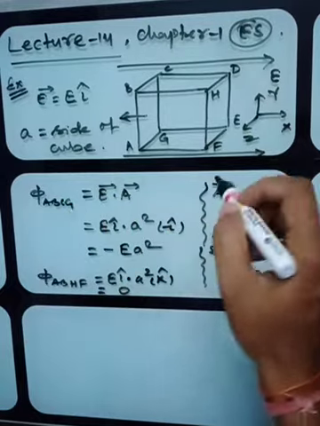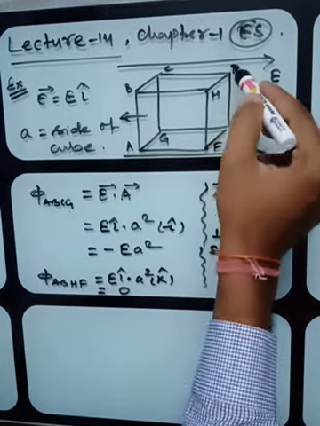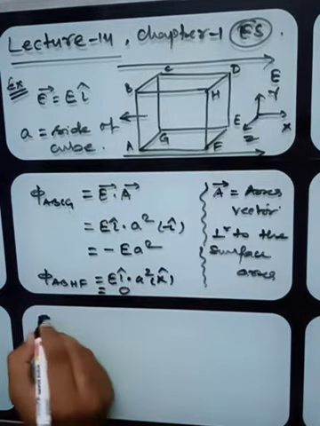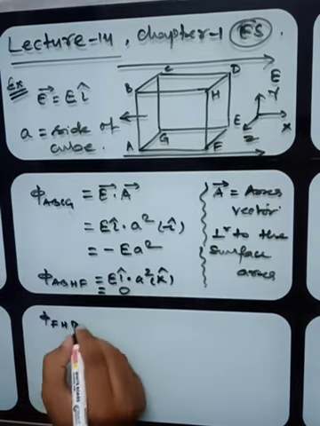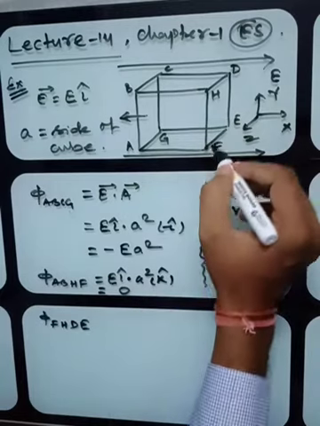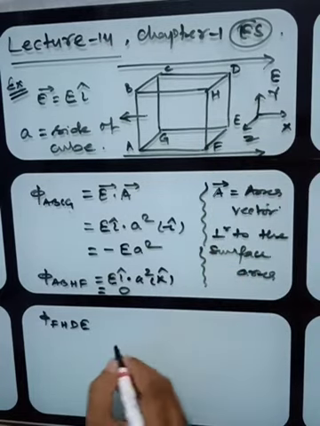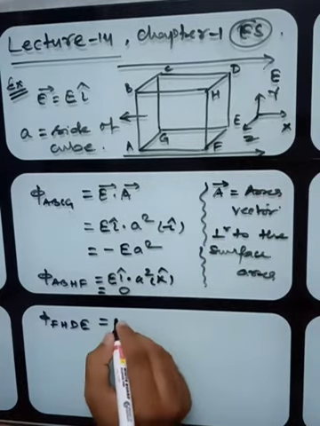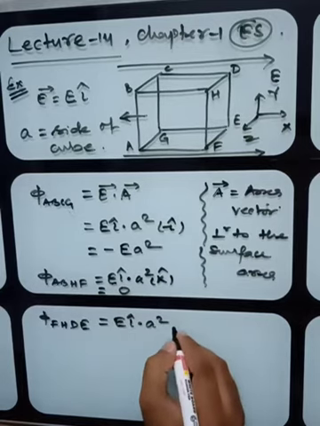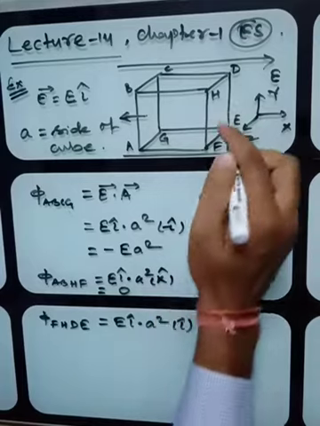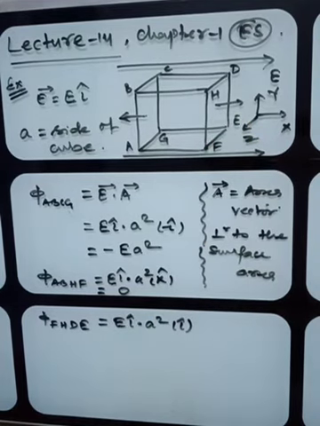You can find out this face FHDE. Phi FHDE will give you the flux, and it is E I dot A square, where the area direction will be I cap.